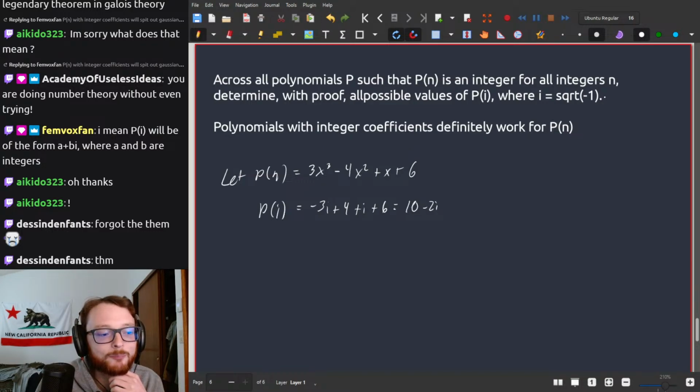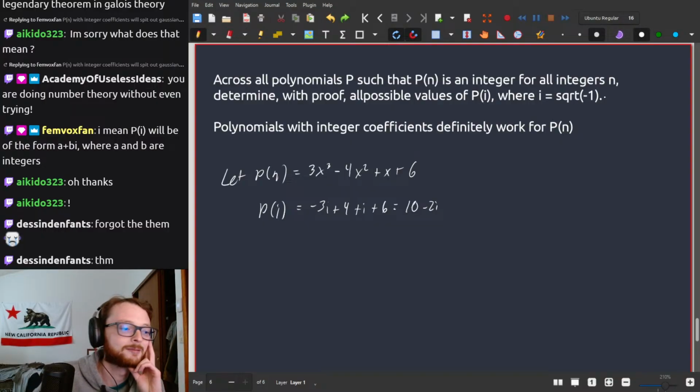So it does feel like I could engineer any Gaussian integer I wanted, right? Is there something we couldn't get? Or I guess maybe this is the simplest.